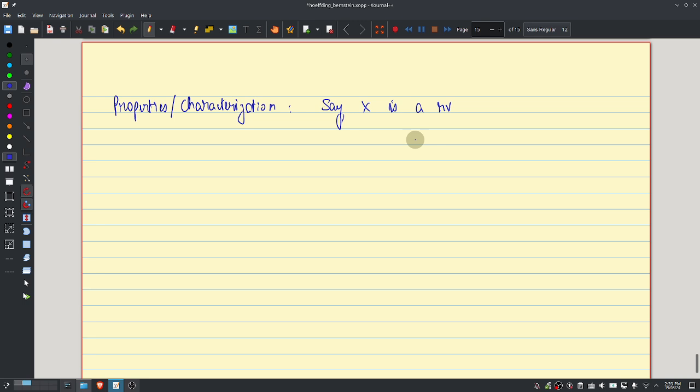I'm not going to assume anything about the mean or the variance or anything else at the outset. The following properties will all turn out to be equivalent to each other.